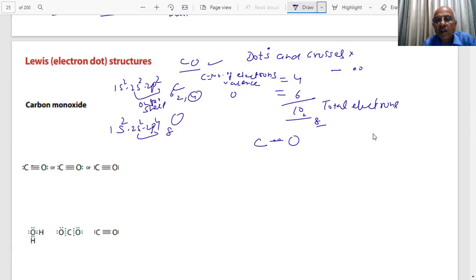If you put 2, 4 and 6 on the oxygen, how many are left? 2 electrons. Then I put 2 here. Now what is the problem? Oxygen has got 2, 4, 6, 8, but carbon has got only 4. In such cases, what do we do, students?